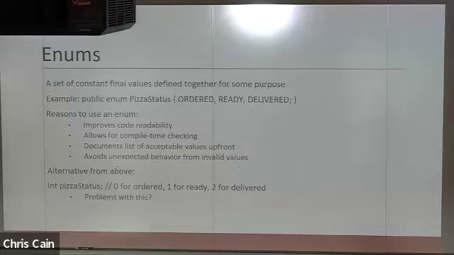It's not very easy to read digits, zeros, ones, twos, but as soon as you can describe that with some kind of English concept like ordered, ready, and delivered, then you end up with significantly more readable code. You can see we've discussed some problems with using integers for this enum, and your code readability suffers a lot.